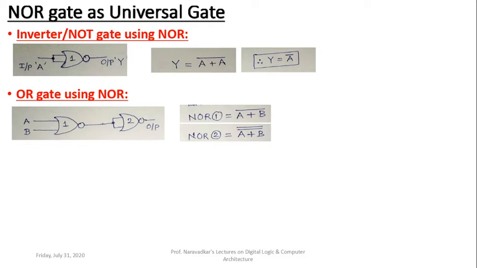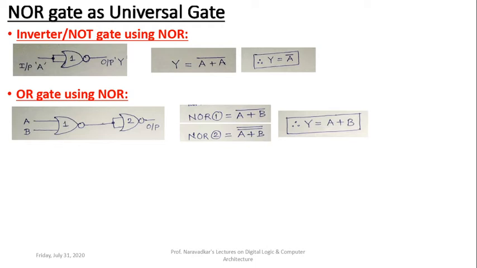It means that the final output of this particular combination, which is working as an OR gate here, is output Y equal to A plus B double bar, which is equal to A plus B itself. So on the extreme right, output Y is equal to A plus B, which is nothing but the equation of the OR gate.